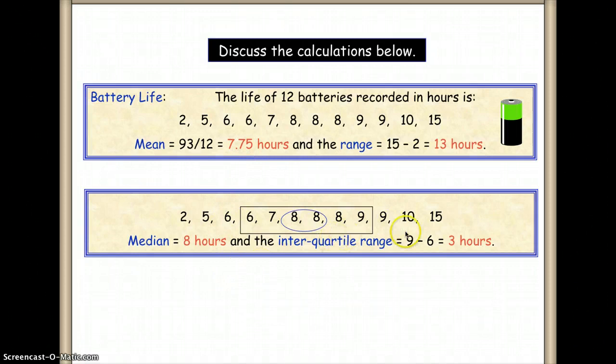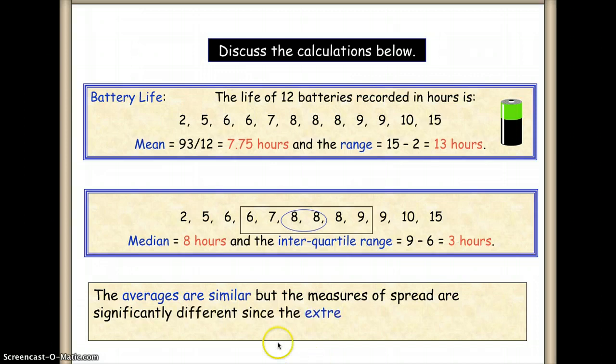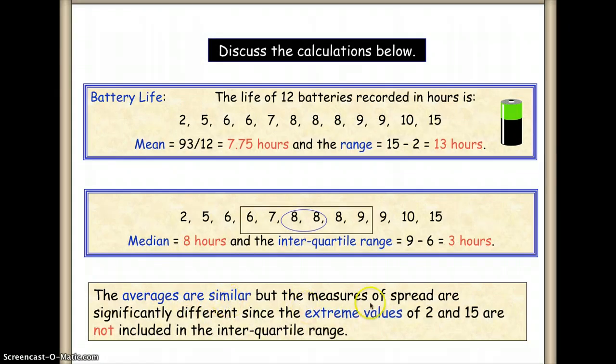And then for the interquartile range, your spread of data is smaller. That will be only 3 hours. Okay, so this is how we compare our data set. So the averages, meaning your mean and median, are similar, but the measures of spread are significantly different since the extreme values of 2 and 15 are not included in the interquartile range.